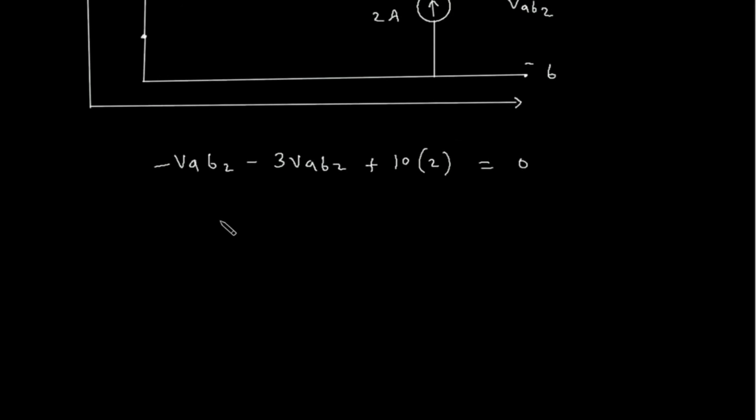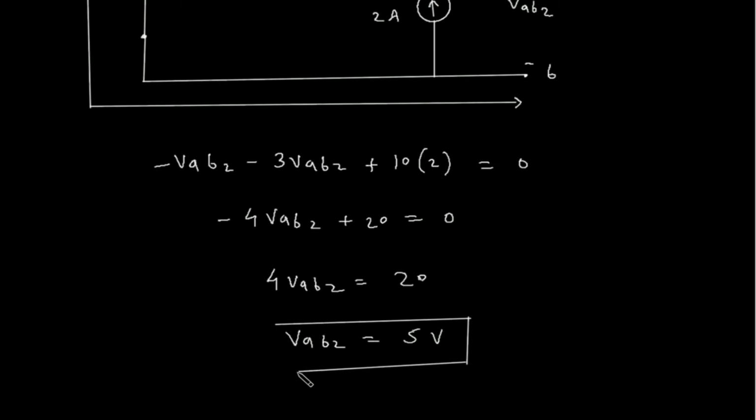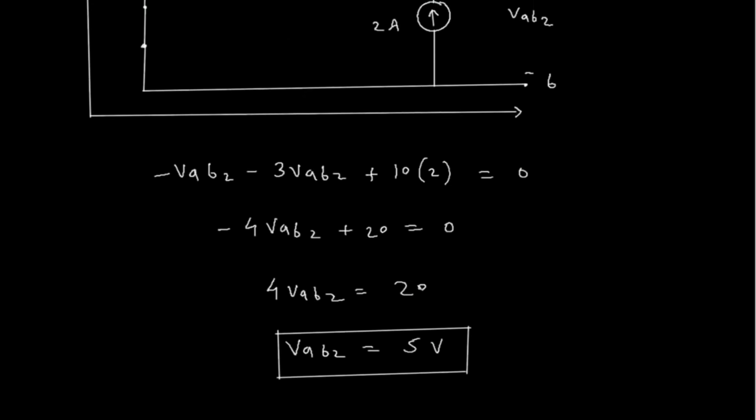So this will be minus 4 VAB2 plus 20 is equal to 0. This will be 4 VAB2 is equal to 20. So VAB2 is equal to 20 by 4. So this is 5 volt. Now we have the value of VAB1 and VAB2.